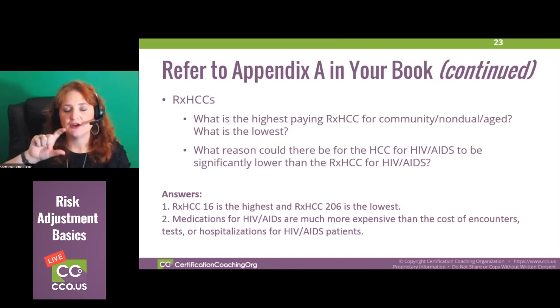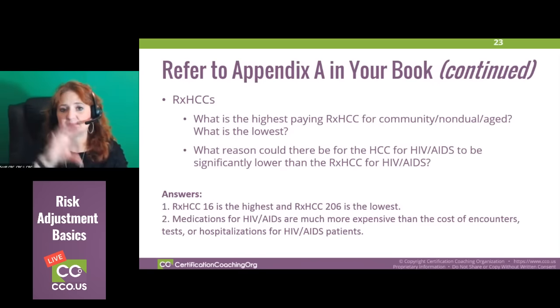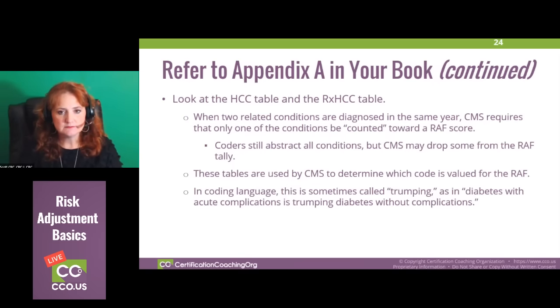But again, it doesn't matter that it's the HCC or the RxHCC. All that stuff that we've already talked about plays a factor in accumulating how much money is set aside for that HCC. We're still looking at Appendix A, and we're looking at that table, both the HCC table and the RxHCC.